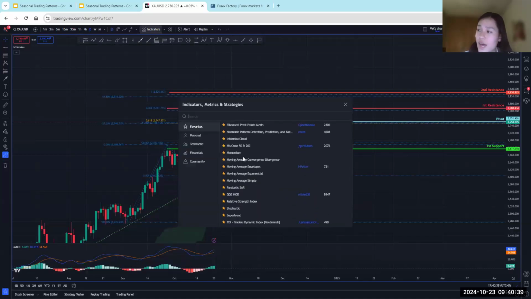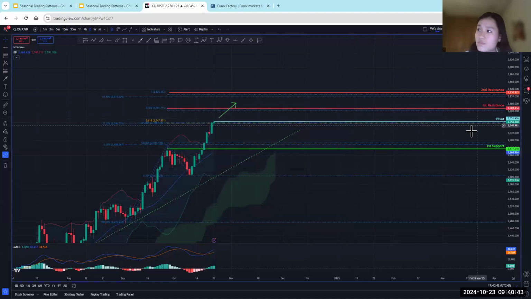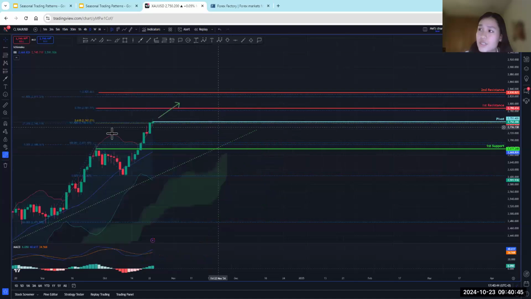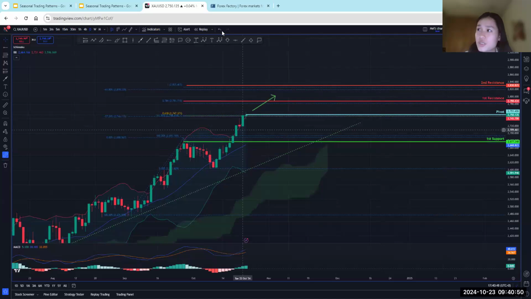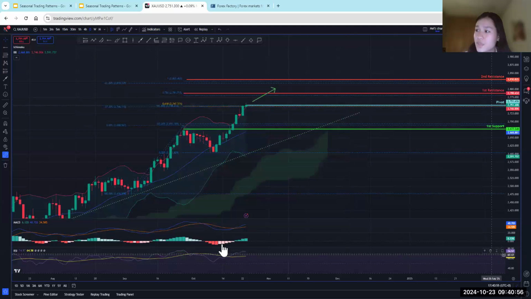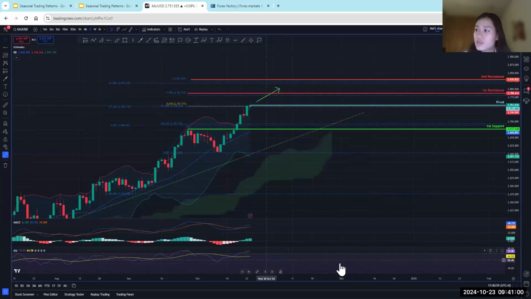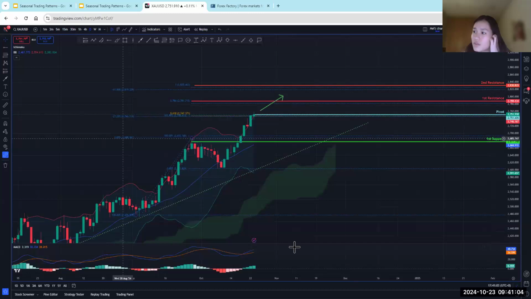Looking at Bollinger Bands, you can see prices pushing above the upper band, which is a bullish signal as well. Let's look at RSI. RSI is moving upwards as well, which is a bullish signal.